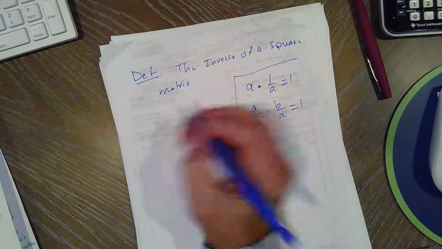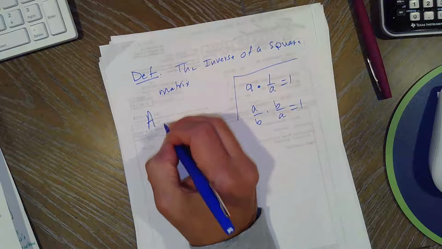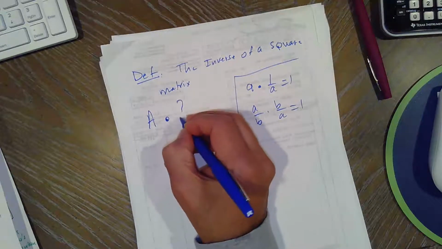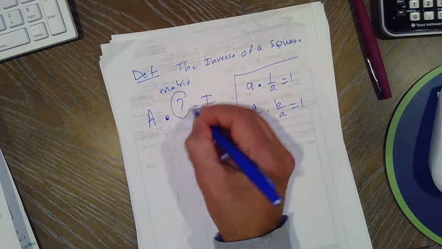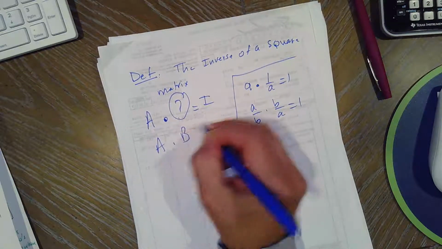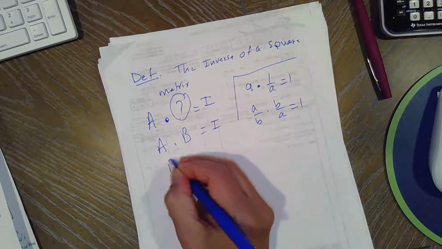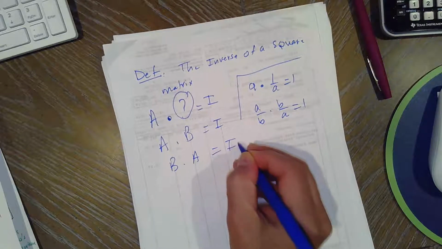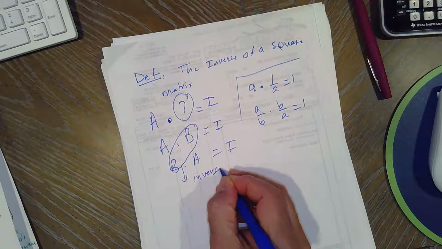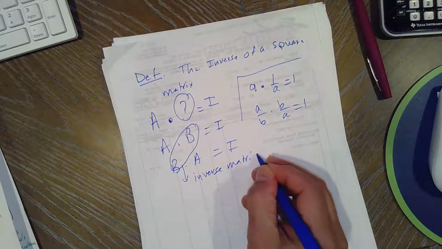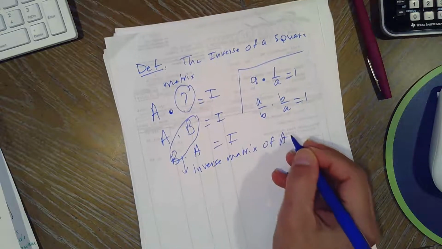So in the case of a matrix, what do we multiply A by to equal the 1 for matrices, the identity? There's such a matrix B. When we multiply it by A, we get the identity, or B times A. If we can find that matrix B, that's called the inverse of A. Okay? Inverse matrix of A.